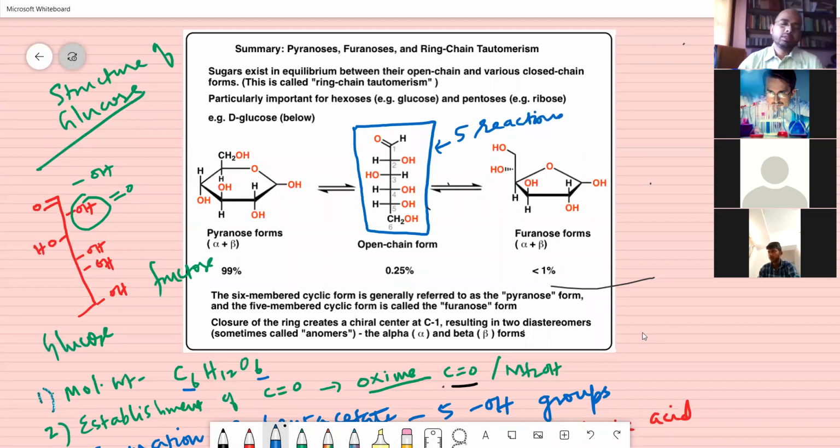Now, some tests do not support this open chain formula. For that, I told you that we have to look into the hemiacetal. I think I told you to remember this hemiacetal also. What is a hemiacetal? You draw a carbon atom and then draw its 4 valencies.